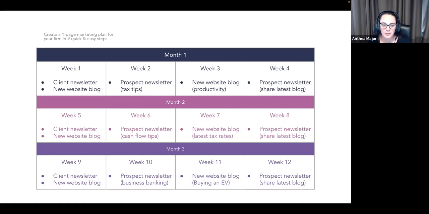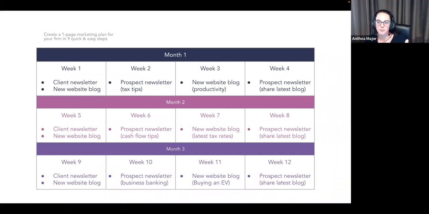So for example, if you're going to be doing email newsletters to clients, definitely one of my key recommendations, you might add client newsletter into week 1 and detail what you'll include in that newsletter. Some options might be those business tips I mentioned, some latest news, promoting a service, asking for referrals. And maybe it goes in week 4 and you spend the prior 3 weeks, or however long it takes you, to write the article for that, source that news, whatever.